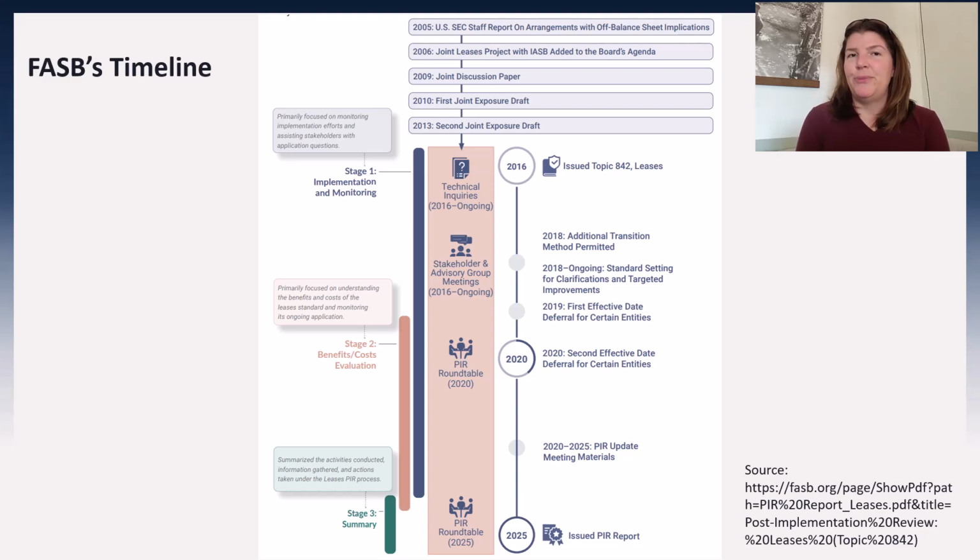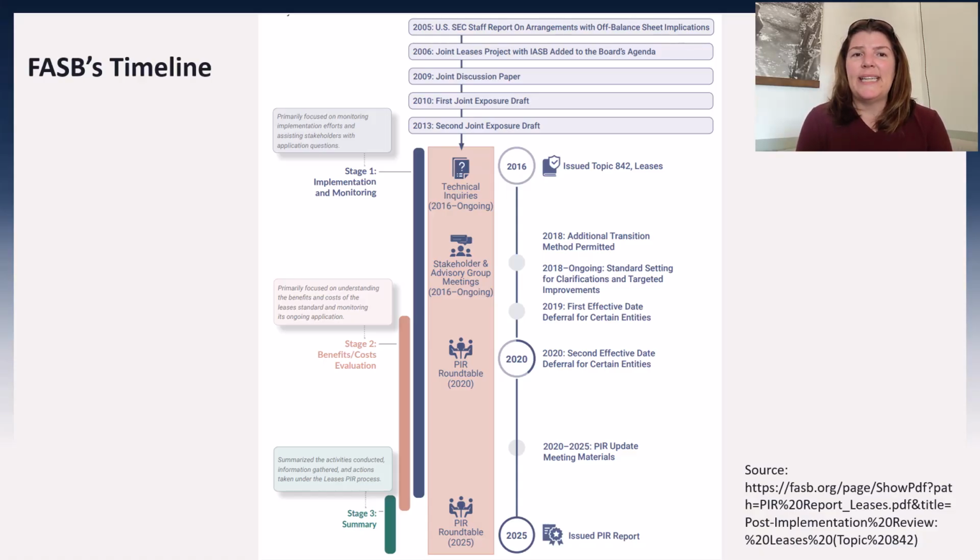But why did we do this standard? Well, it dates back to 2005, right? A little bit of this post-Enron consideration, looking at these off-balance sheet implications. So we started a joint project with the IASB for IFRS purposes, and they did a discussion paper, then 2 rounds of exposure draft, one kind of joint, and then we issued our topic 842 leases in 2016.